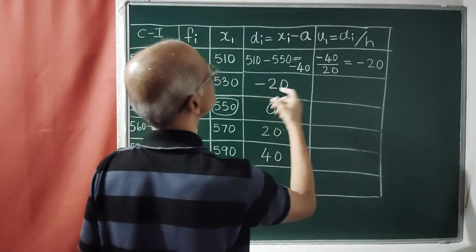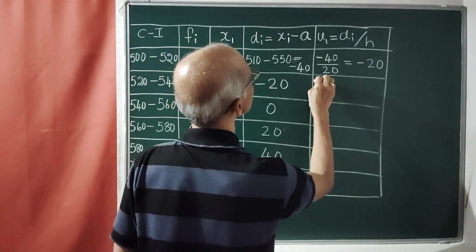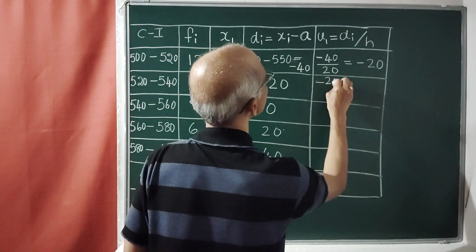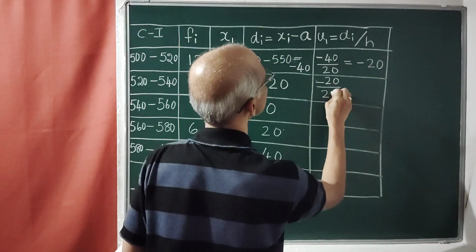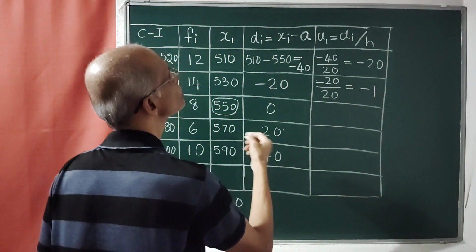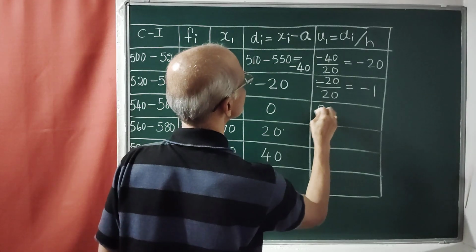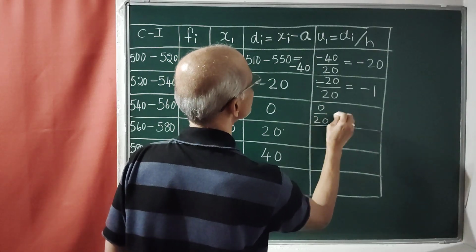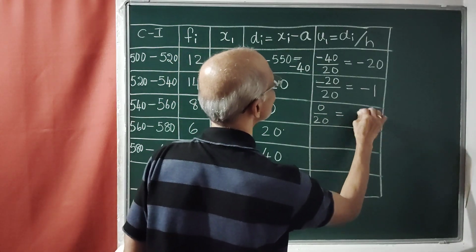Then minus 20 by 20, we get minus 1. 0 by 20, we get 0.